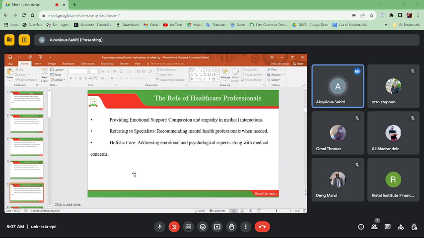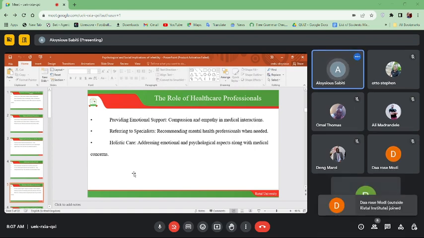But this means that you have to follow the principles of counseling that include confidentiality, privacy, and all that. So you should be able to give this person an environment where they can open up to you. But also, you should do referring to specialists, recommending mental health professionals when needed.